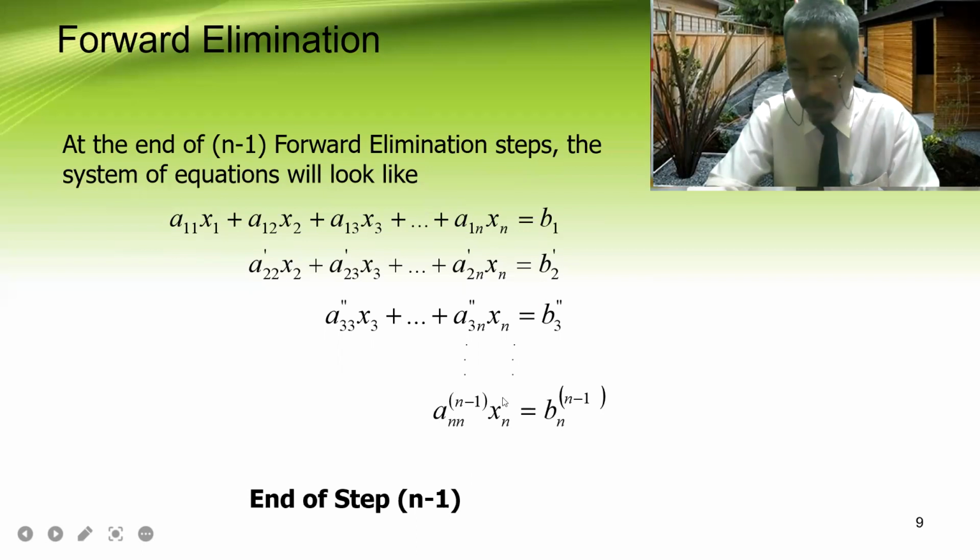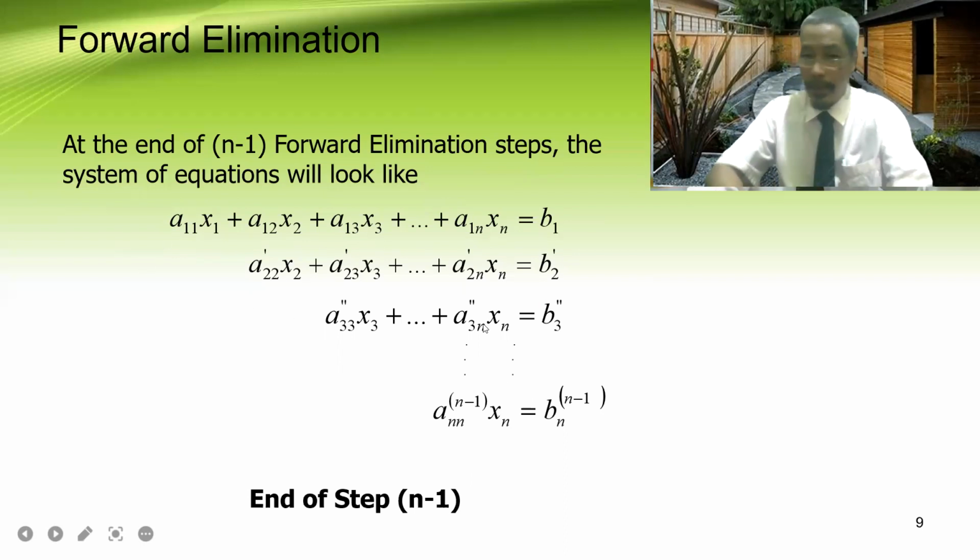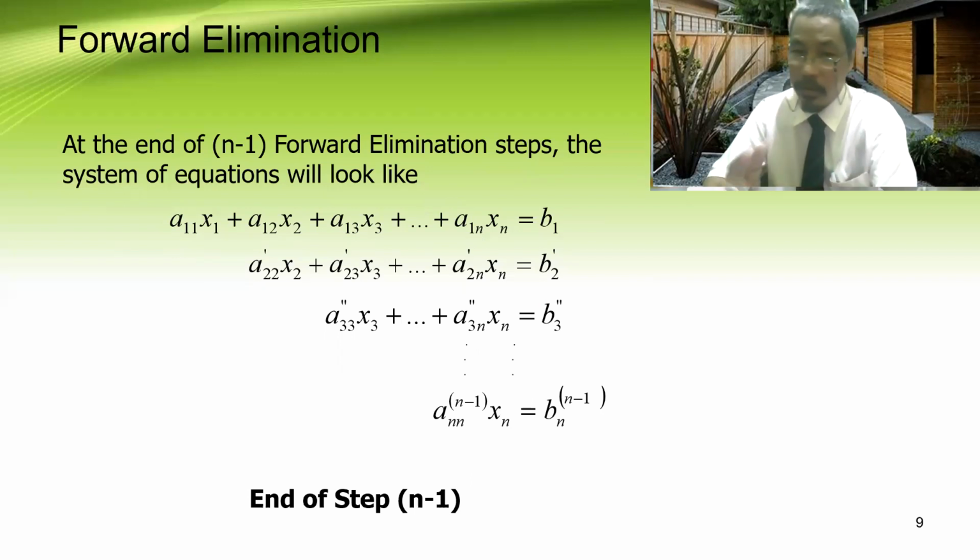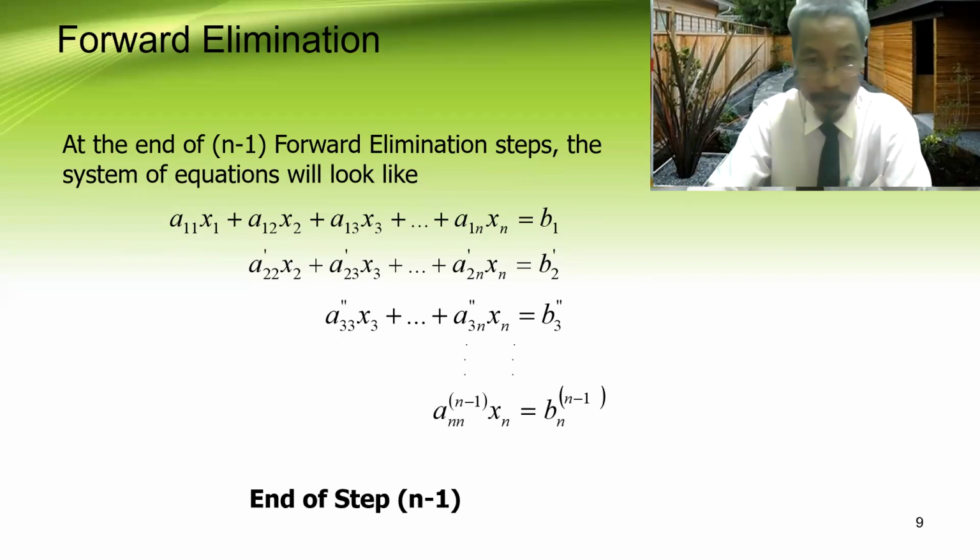Only one variable will be left, multiplied by the constant coefficient a_nn^(n-1) prime, equal to b_n^(n-1) prime. So the simultaneous equation looks like a triangle.